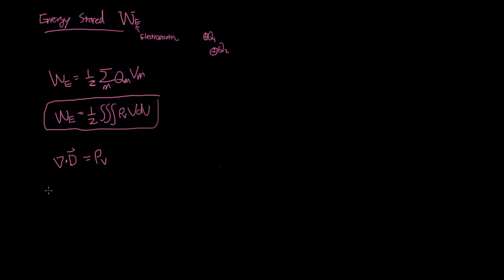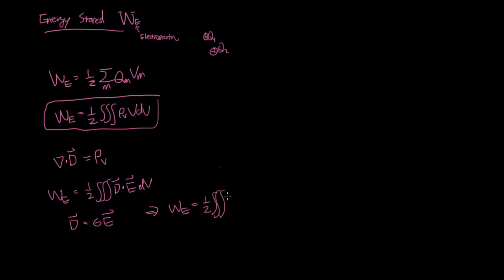But the point is, if you substitute all of this in, you can end up at the quite elegant result that the energy stored is also equal to the volume integral of the electric flux density dot the electric field. Or since the electric flux density is equal to epsilon E, the total amount of energy stored in a volume you can calculate as 1/2 epsilon E squared dV.